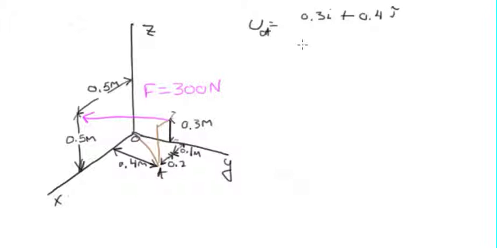To unit that, you go ahead and take this squared plus this squared. You take the square root of that, and you're going to get a unit vector of 0.5. So divide both terms by 0.5.